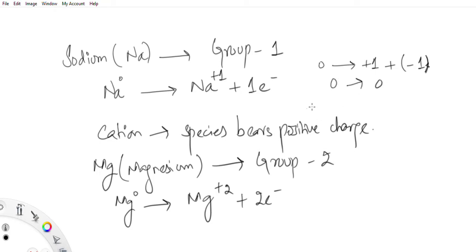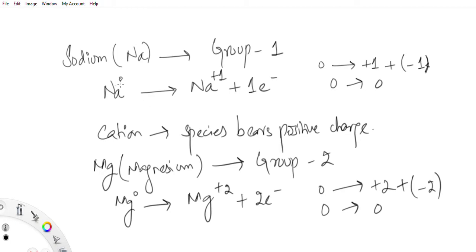Now you can see that it is satisfying that it is an equation. Similarly for magnesium, it is bearing 0 and on the right hand side it is bearing +2 charge. So we will add 2 electrons here and 2 minus 2 will make it 0. So the equation is being satisfied here. So this is what we call oxidation reactions.